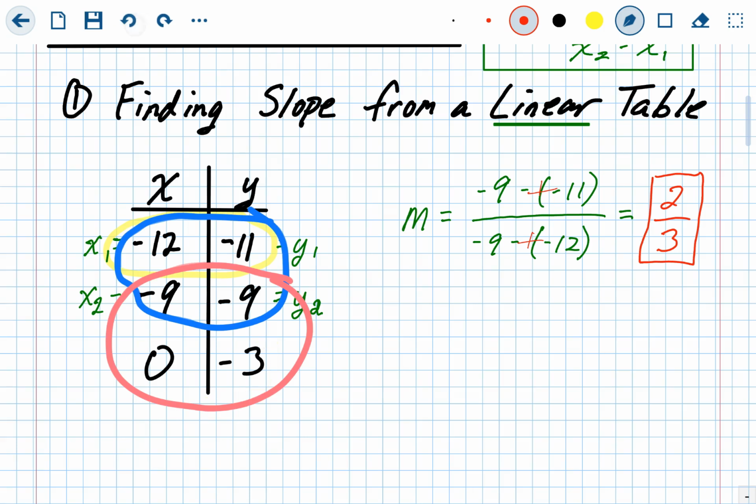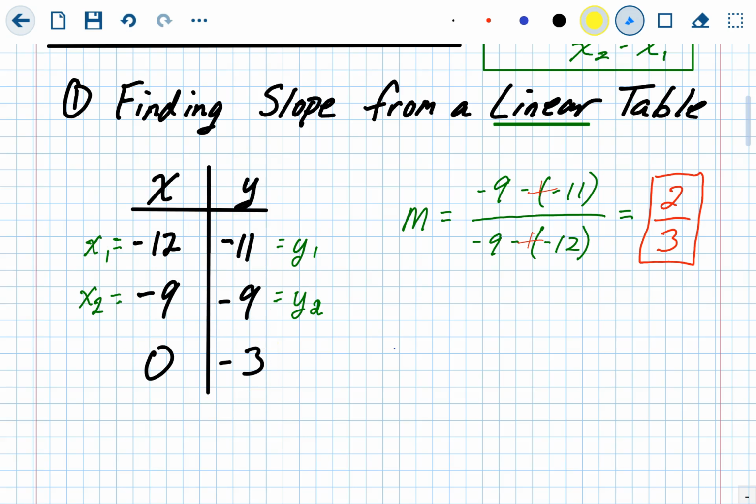So let's try it. Let's get rid of those. All right, let's do the same thing but focus on the bottom 2. Another way to find the slope is, remember, just change in y over change in x. So how are your y values changing? How do you go from negative 9 to negative 3? Well, that's a change in y of plus 6.